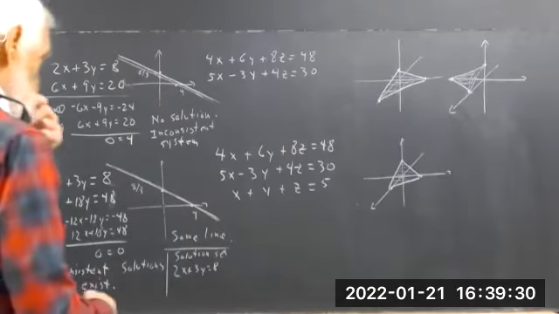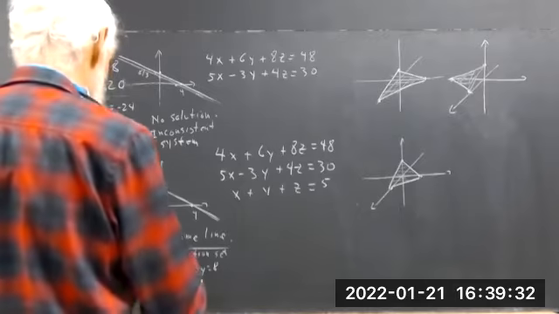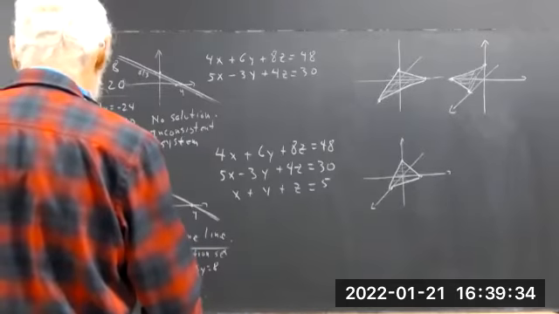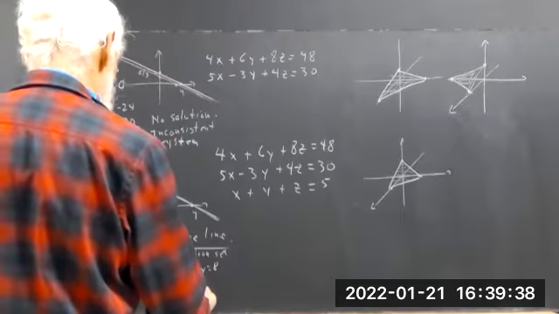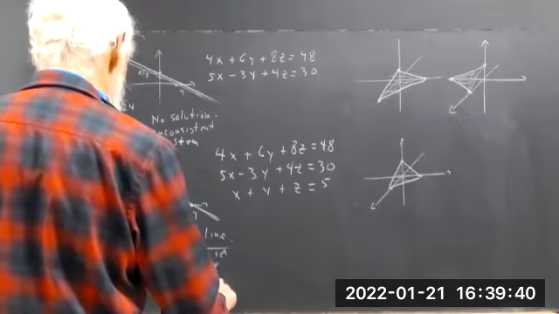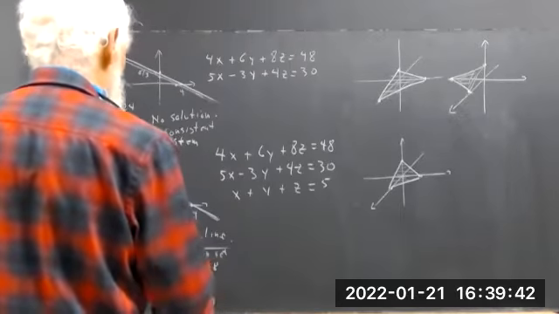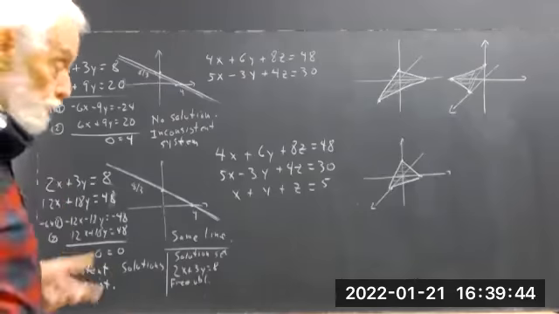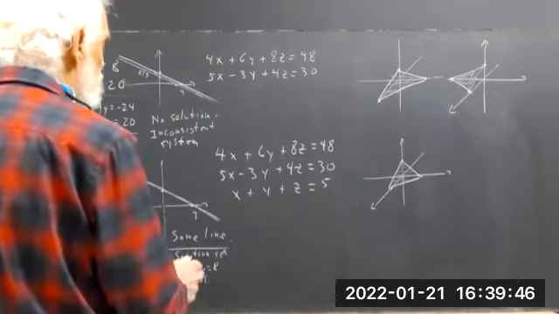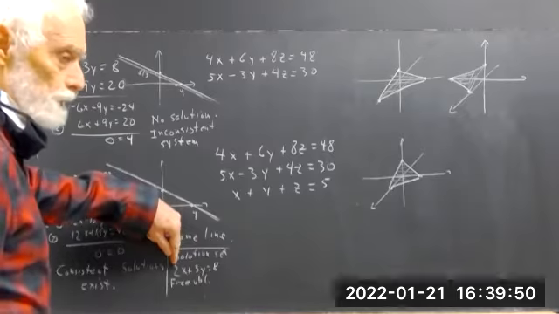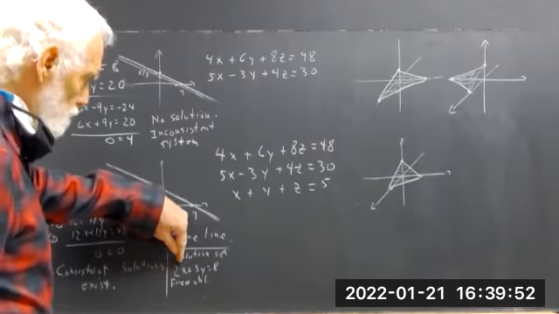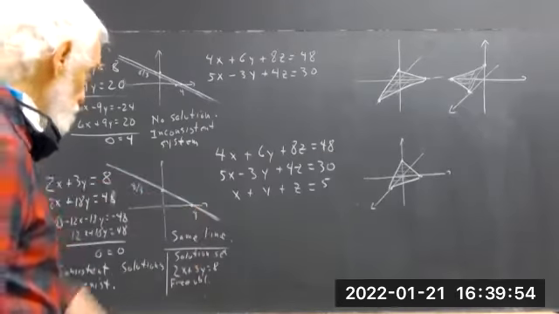Not leaving myself enough room here, but I often do that. We can say that the free variable, we could use either x or y as the free variable, but usually use the second term. We usually don't use the variable in the leading term as the free variable.